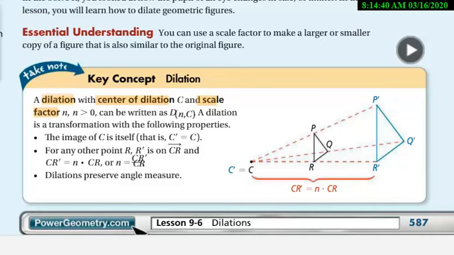With respect to the fixed point, which is C, the point C here stands for the center of dilation, or the fixed point, or the reference point.